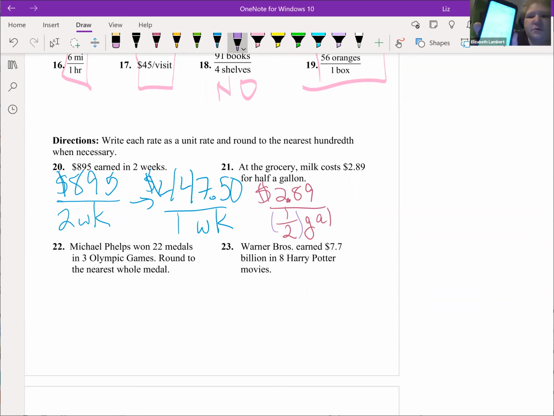So we have, hopefully that is readable. What did we get? 5.78. And that is money per gallon.